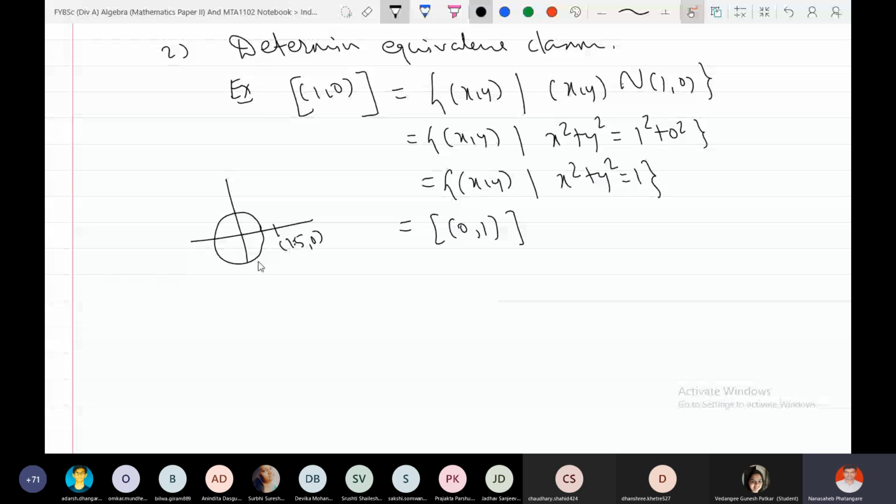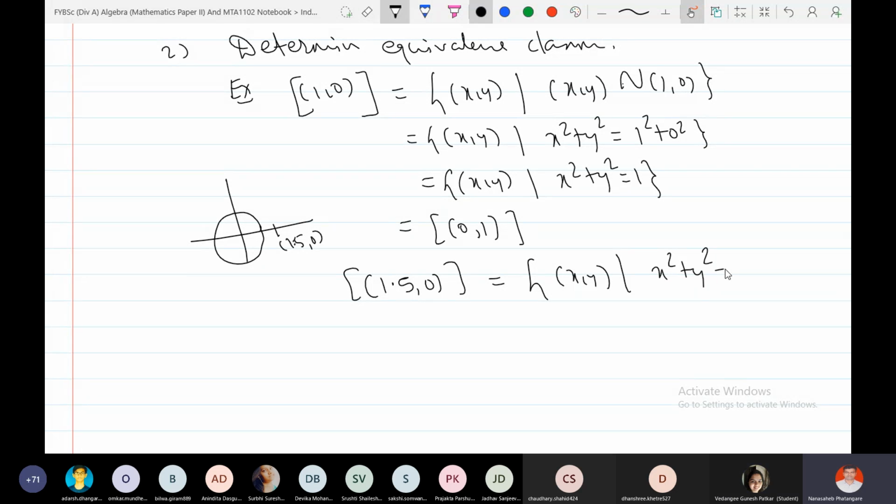So what is the equivalence class of (1.5, 0)? You can check that this is the same as those points for which x square plus y square is equal to 1.5 square, which is 2.25, and therefore this is a circle passing through this point, whose radius is 1.5.